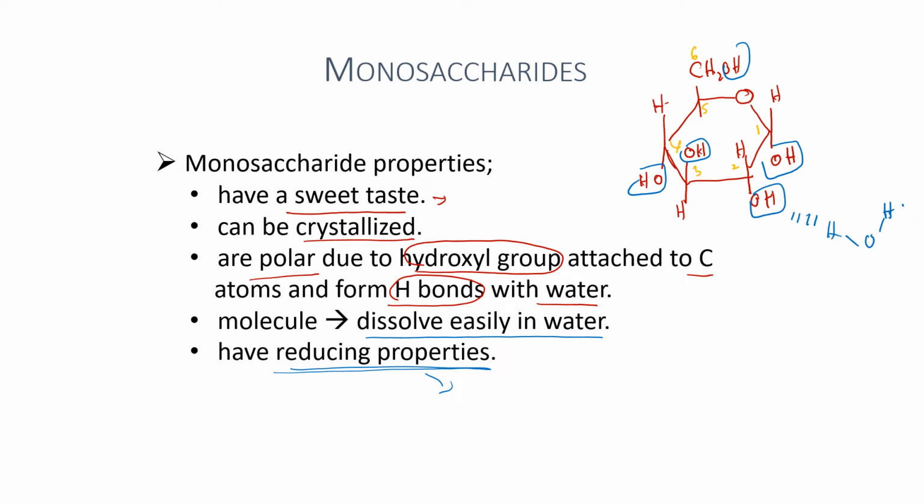If the color of the mixture changes to a range of colors, for example green, yellow, orange or brick red, it indicates the presence of reducing sugar. The different colors indicate different concentrations of the sugar present in the food sample.